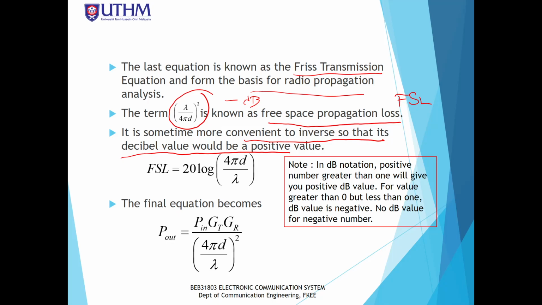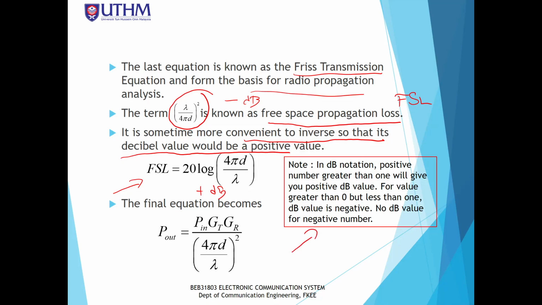So what we want to do is invert this equation, so it becomes 4 pi d over lambda, so that we can get positive dB. We just want to get a positive value so that it is easy for us to do the calculation. Okay, this is no problem. Kita cuma nak dapatkan dia dalam bentuk positive value.